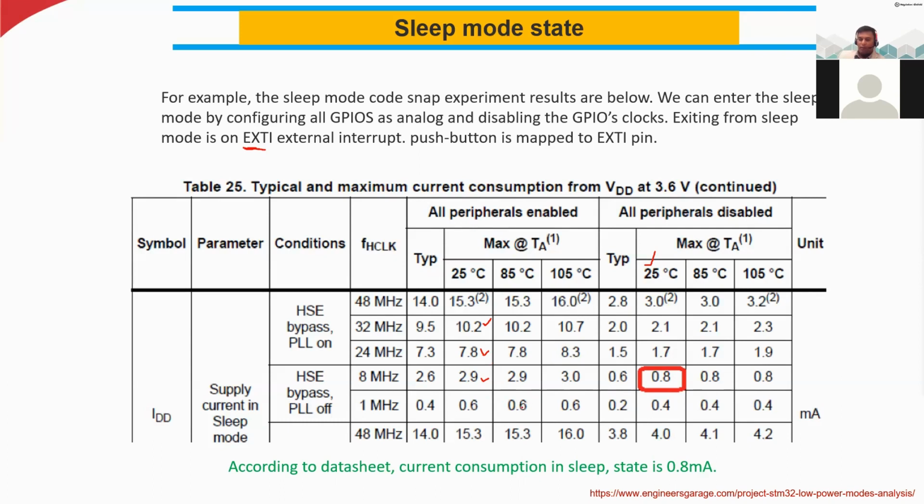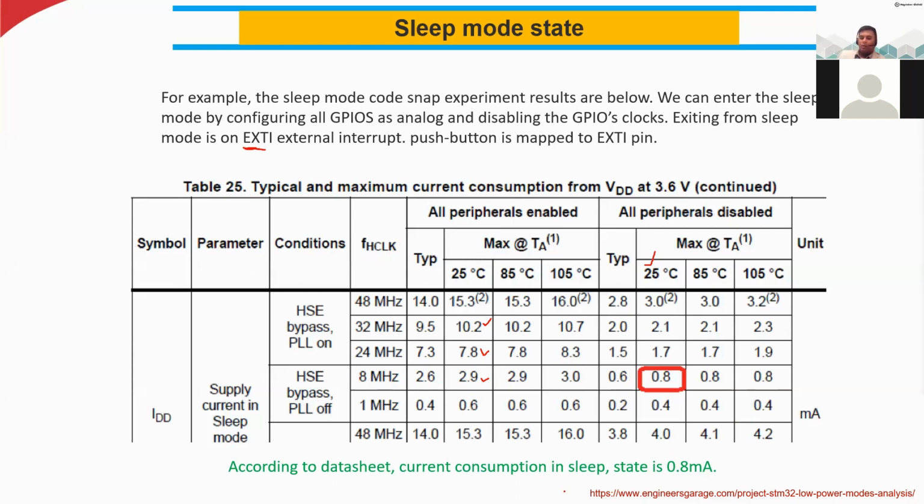So instead of having all the peripherals active all the time, we are just going into the sleeping mode and disabling some peripherals and saving the power. This is another way of saving power practically. Of course, the current consumption in sleeping mode here is one of the lowest, with an 8 megahertz high-speed clock frequency.